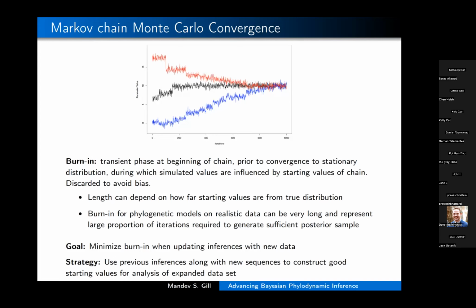So our strategy is that whenever new sequences become available, we want to use inferences up to that point, along with the newly arrived sequences, to construct what we hope will be good starting values for an analysis of the expanded and large data set. And what I mean by good starting values here is starting values that are either in or close to a high probability region of the target posterior distribution.